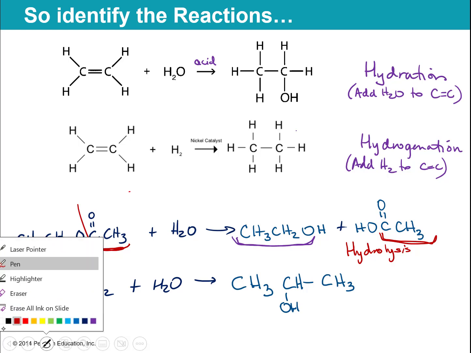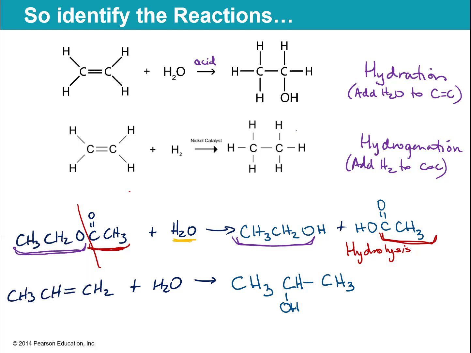If this is my water, here's the H, here's the OH. That's when water breaks a molecule in half. I started like this, and then the water split it. So remember, that's hydrolysis. You won't have a double bond that gets changed to a single.